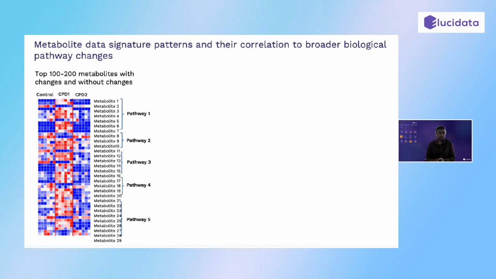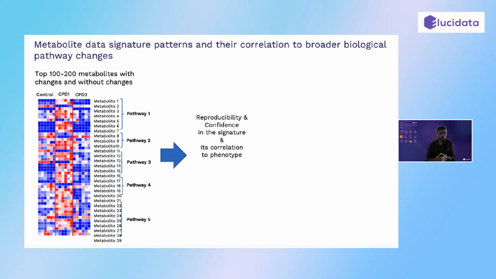And for this top 100 to 200 metabolites that are changing, or not changing, with respect to a certain question that we are asking, we wanted to evaluate that signature much more robustly. Like, is there reproducibility and confidence in that signature, before we go into predicting or understanding the biological pathway changes that are happening with respect to that signature.